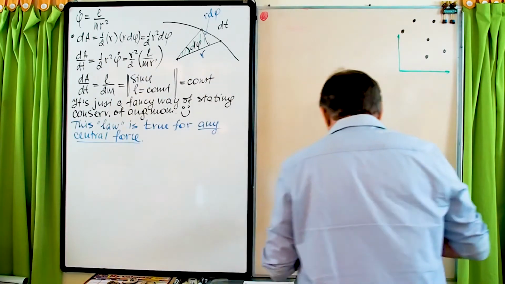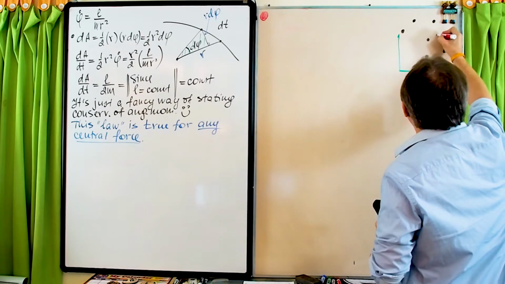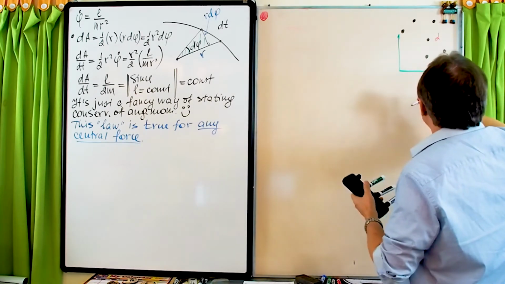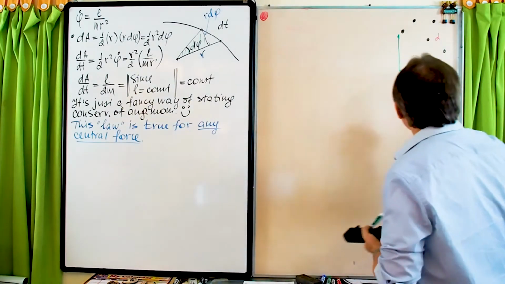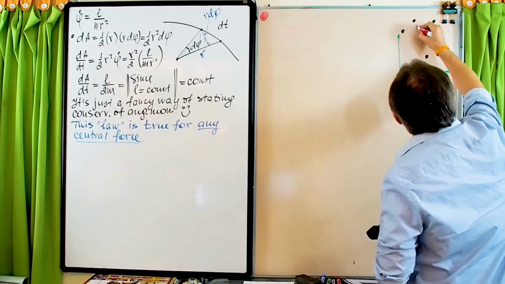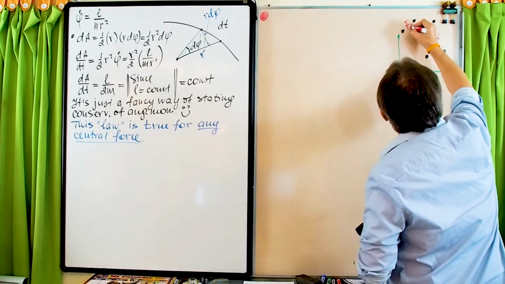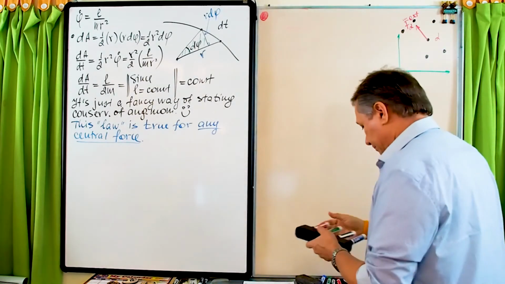So let's say this is our particle alpha. And of course, it will be exposed to some external forces. So let's say this is my F alpha external. And of course, there will be internal forces.